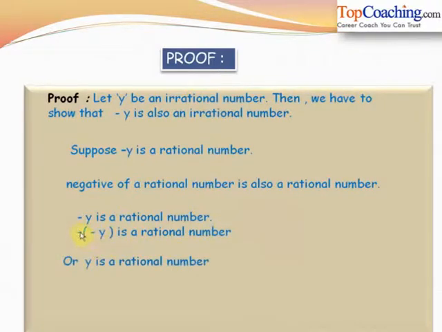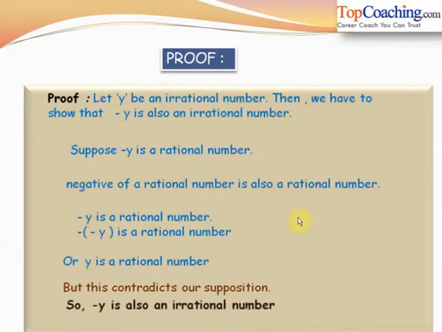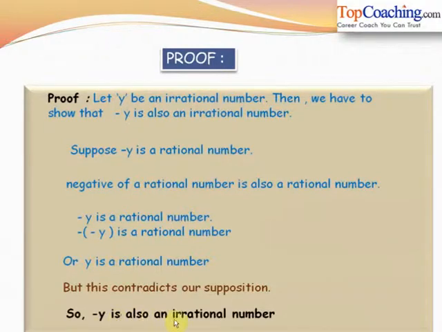Minus of minus y is y. So, y should be a rational number. But this contradicts our supposition because we took y to be an irrational number. So, we can say that minus y is also an irrational number and not a rational number. Thus, the negative of an irrational number is also an irrational number.